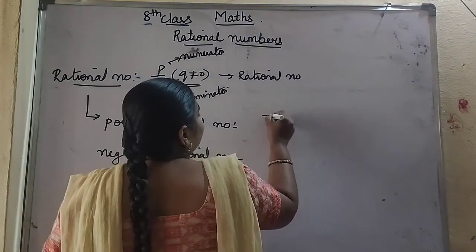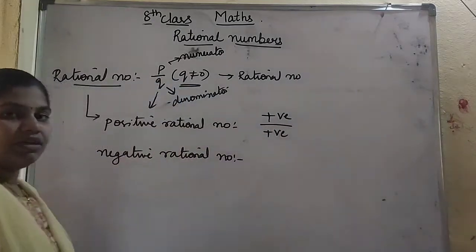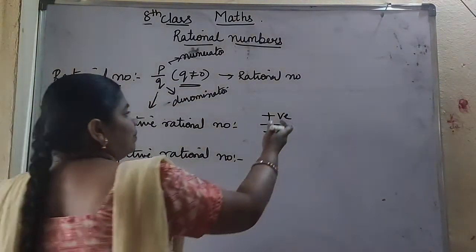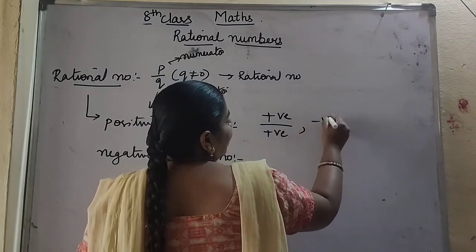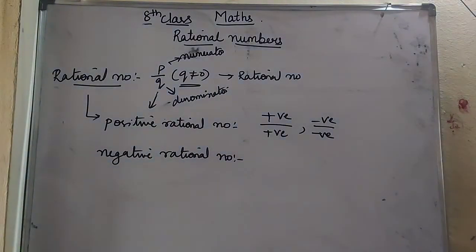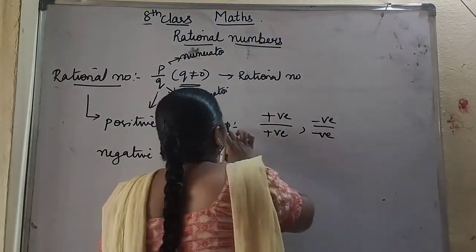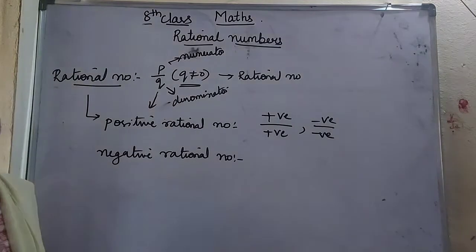If the numerator and denominator have the same signs, it can be plus sign by plus sign or minus sign by minus sign, then that type of numbers we will call positive rational numbers.